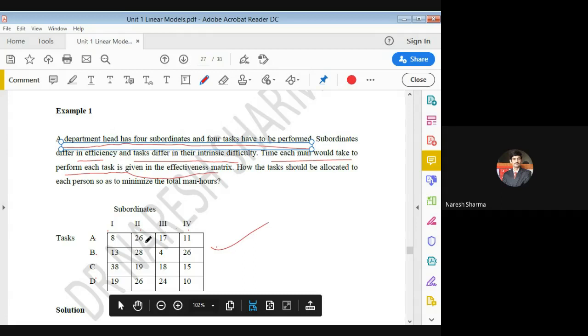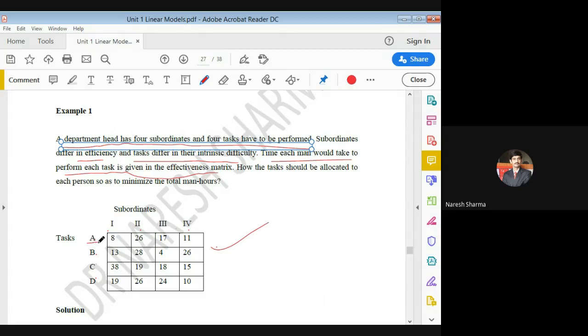The effectiveness matrix is given here. Task A by the first subordinate is completed in 8 units, 8 hours you say, and the second subordinate completes this task in 26 hours. The third can complete it in 17, and the fourth can complete the same task in 11 hours.